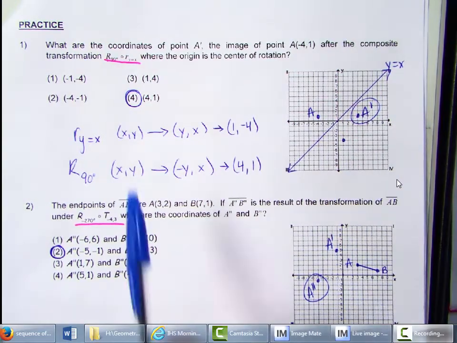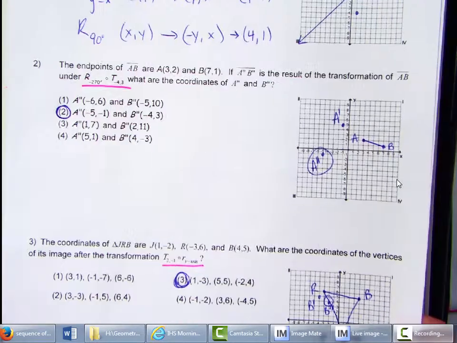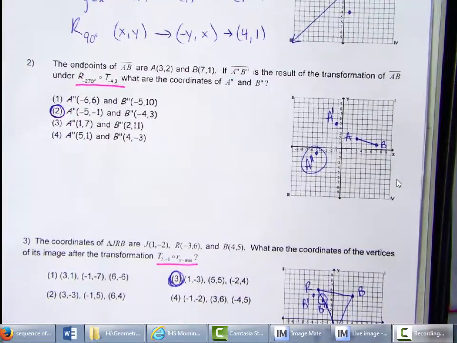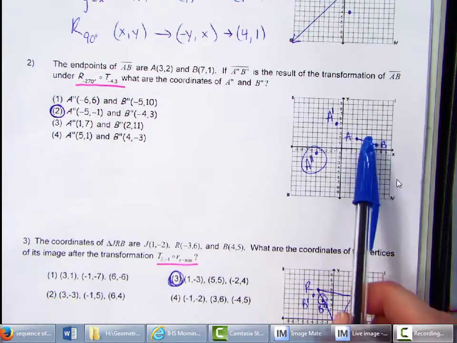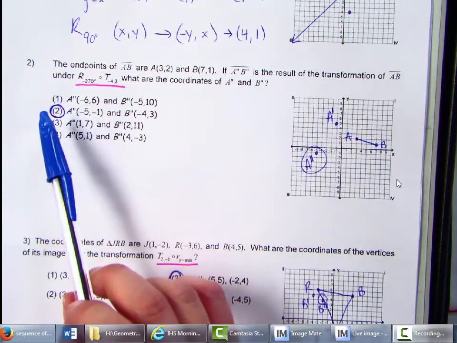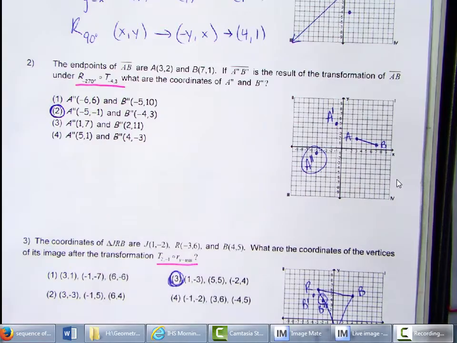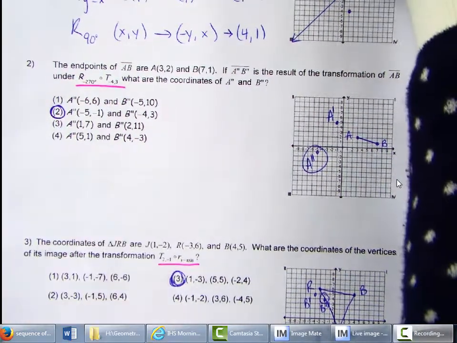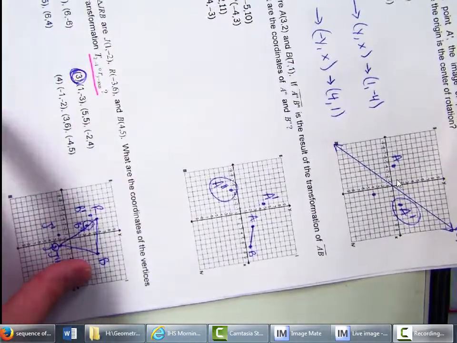You should get choice 4. Number 2, I'm getting choice 2. Translate first 4 to the left and up 3, and then a negative 270-degree rotation. So make sure when you do a negative rotation, the top of your paper turns to the right. 270 would be 3 times.